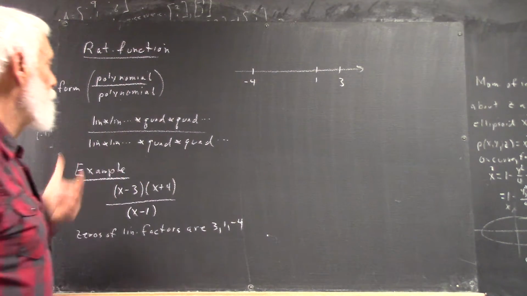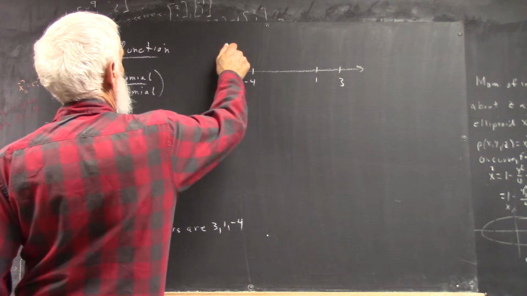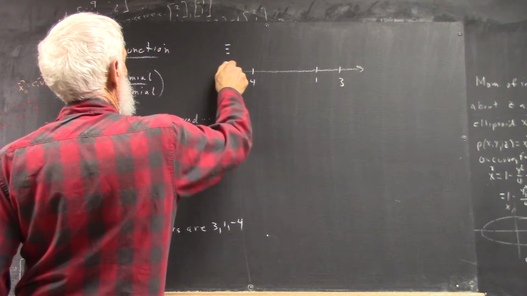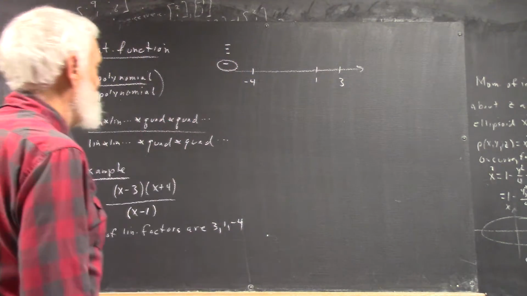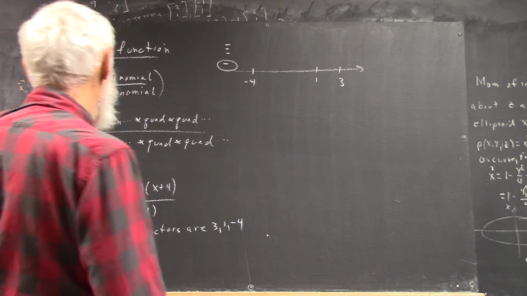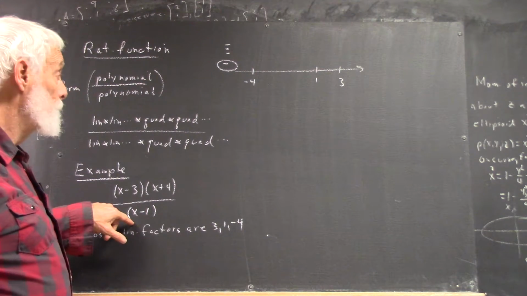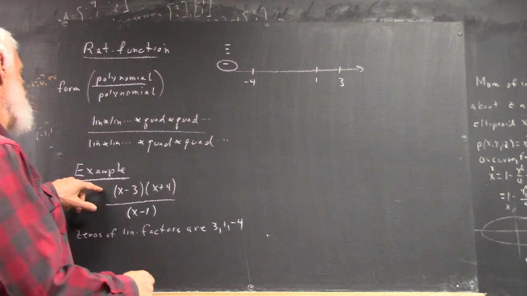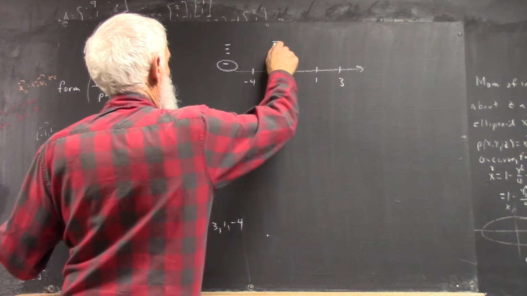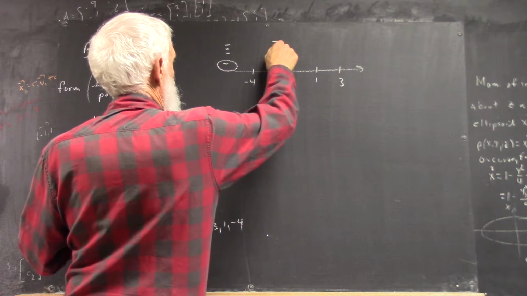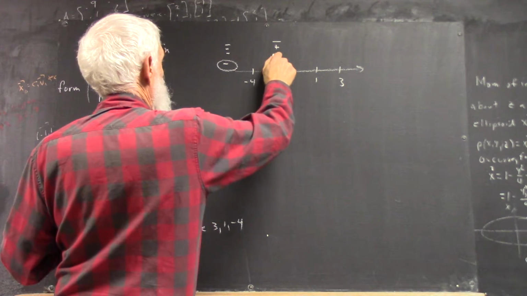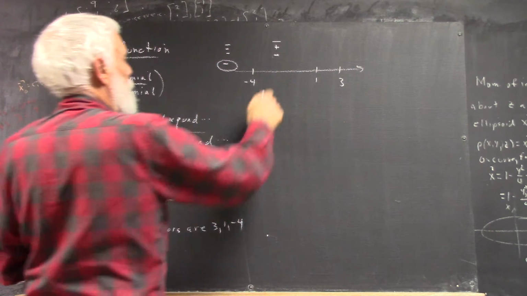Okay, to the left of negative 4, all three are negatives. So we have negative, negative, negative, giving us a negative. Between negative 4 and 1, just doing these in the order, this one is negative, this one is positive, and this one is negative. So we have a positive.